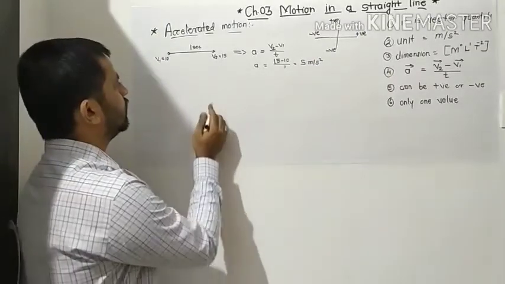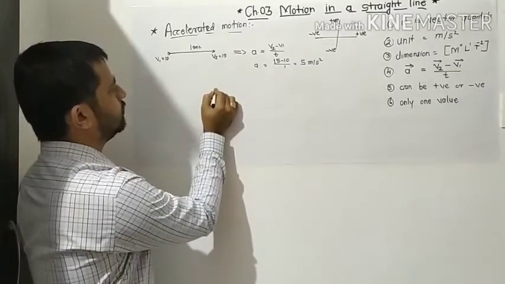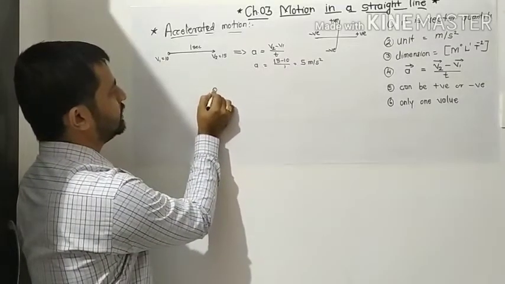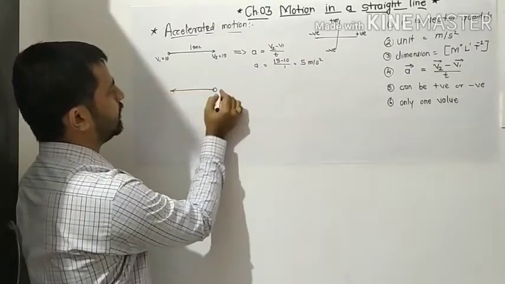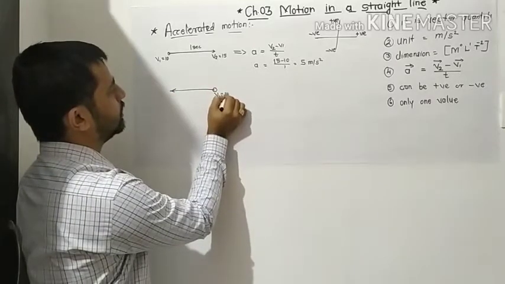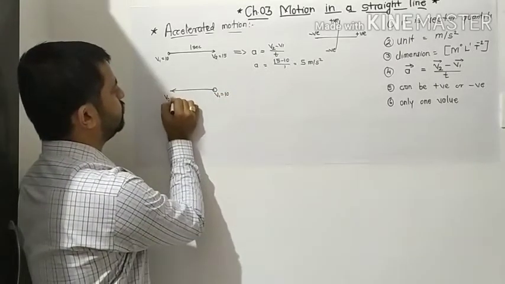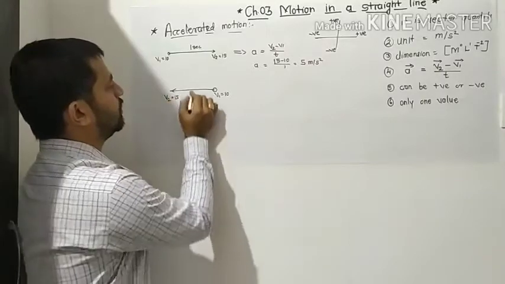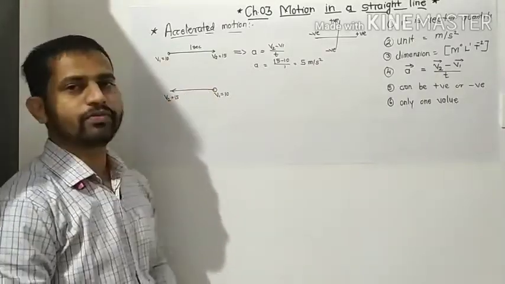Now if the motion of the body is from this direction to this direction, and in that case also v1 is equal to 10 and v2 is equal to 15, then what is the value of the acceleration?